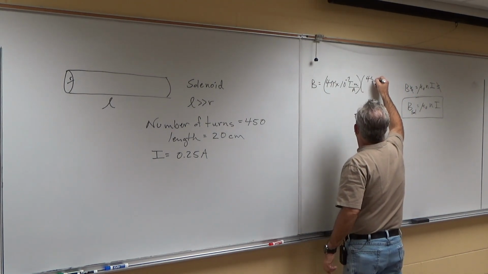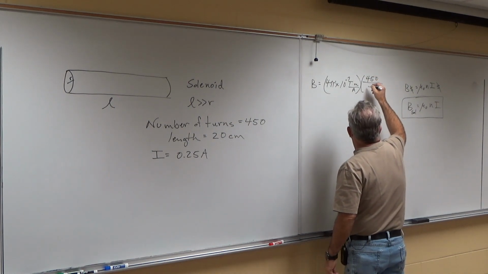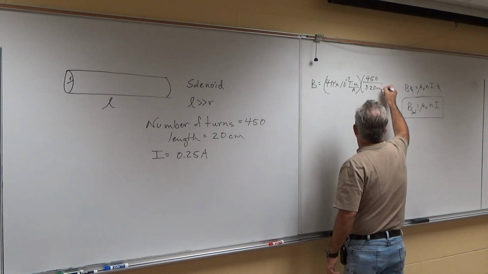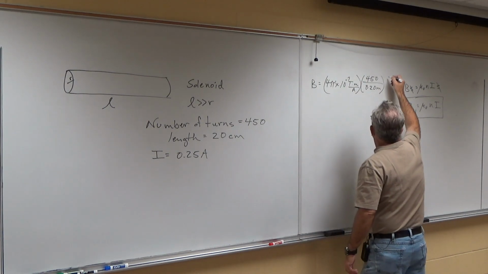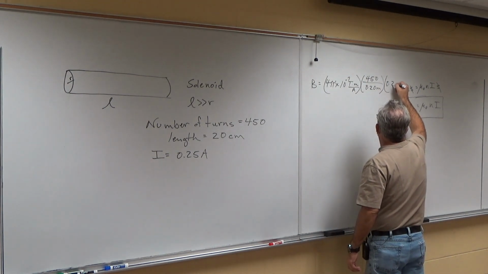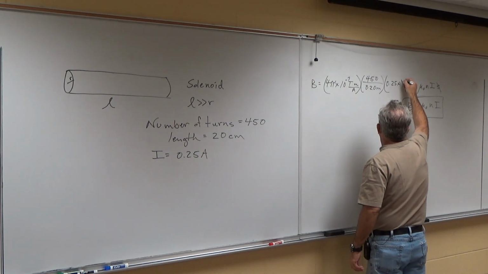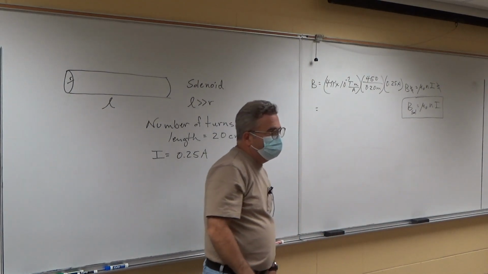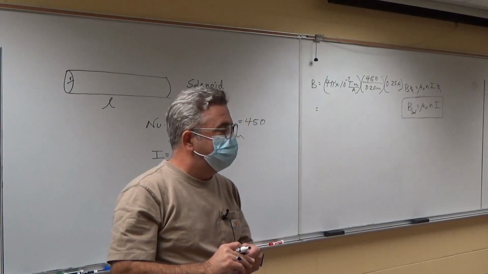So that's 450 divided by 0.20 meters. And then the current is 0.25 amps. Would someone be so kind as to calculate this for me?